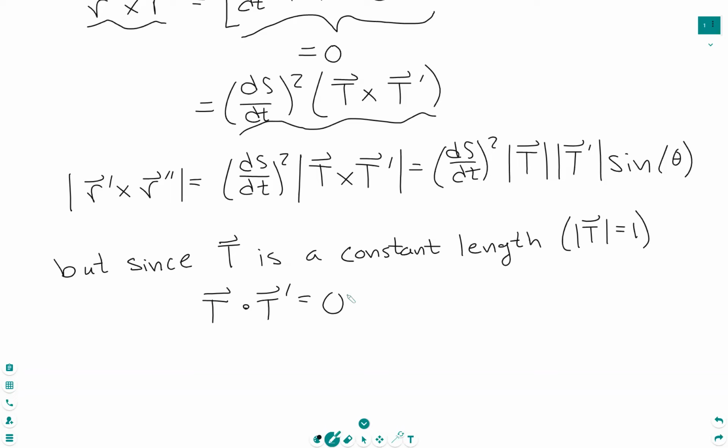We talked about that yesterday. We had vectors that had constant length, and we realized that in that special case, these vectors were always orthogonal to their derivative. So if it's always orthogonal, we know that sine of theta is equal to 1.